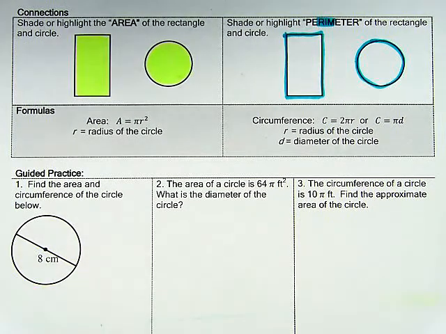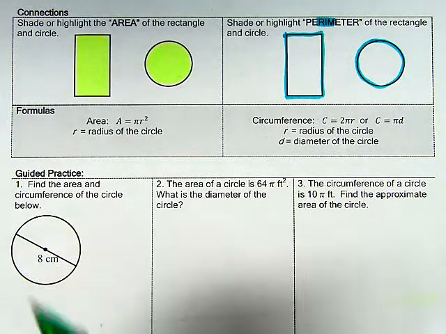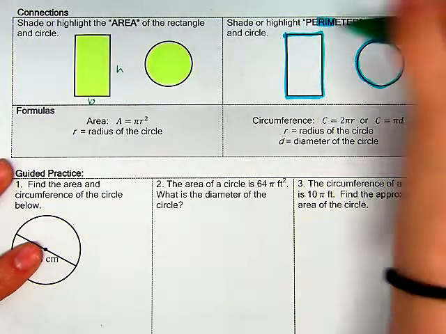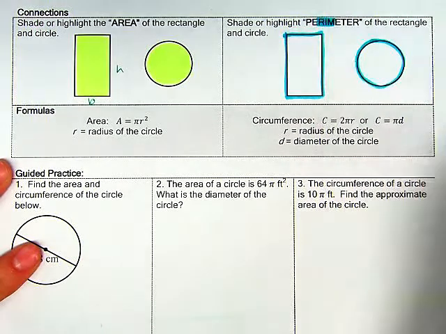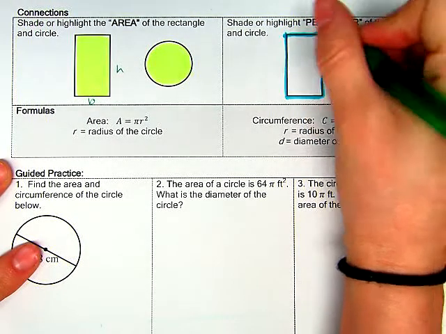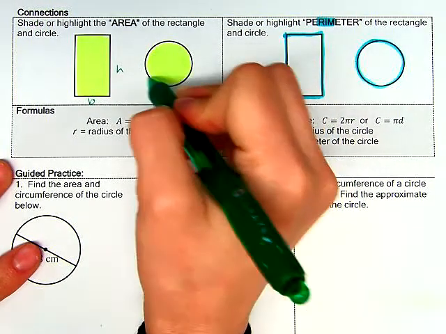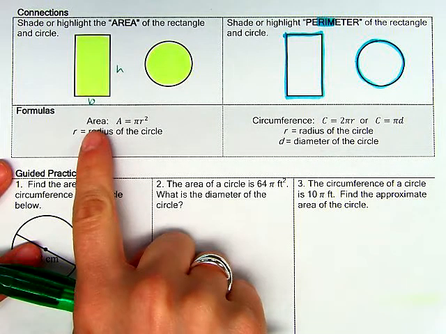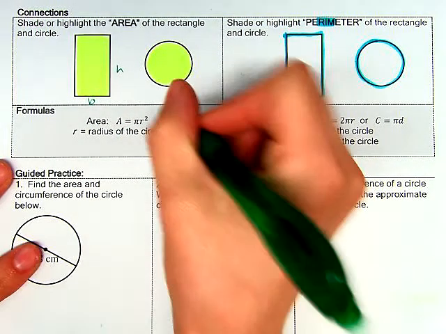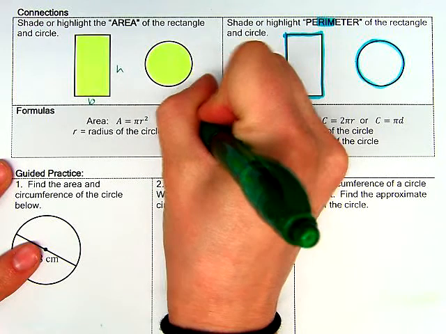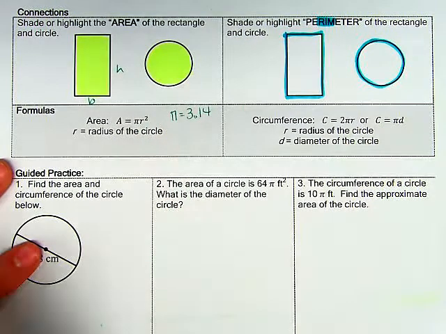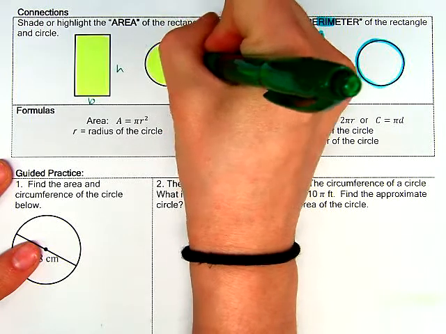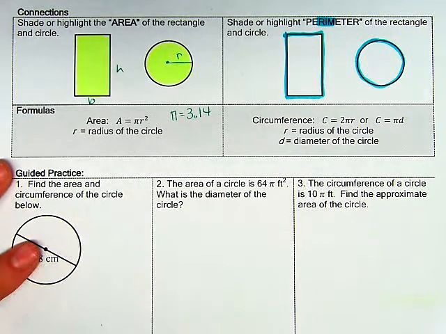So on a rectangle, we could just multiply base times height. And for the perimeter, we just needed to add all four edges. Well, we don't have a straight segment here, so we have a different formula. So the formula for area is pi, and I want you to write pi is 3.14, multiplied by the radius, so I'm going to label this as r, squared.